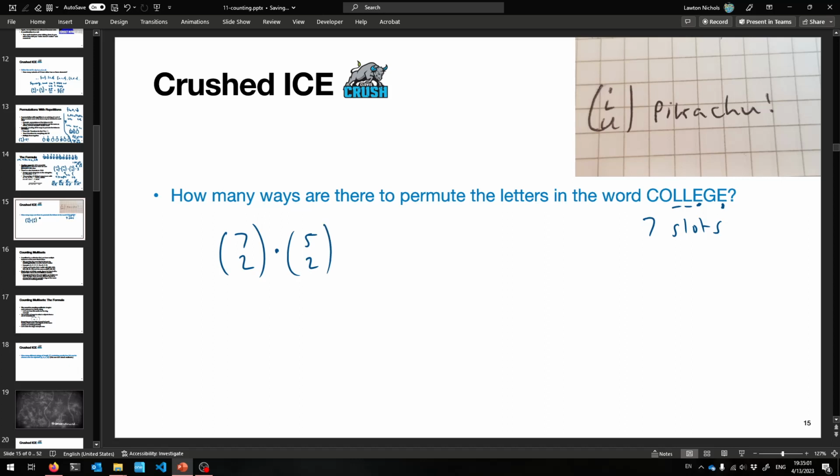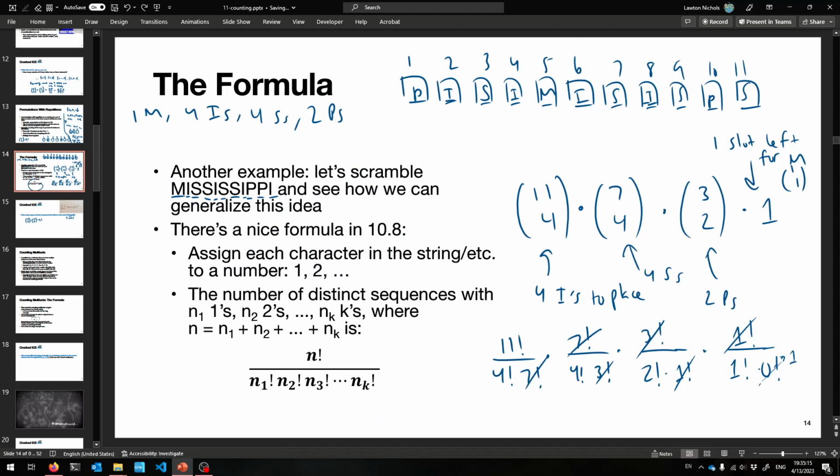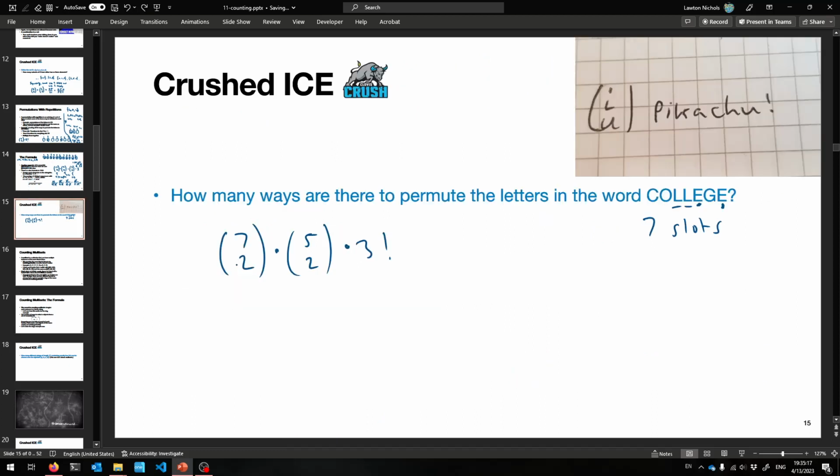And so that's what happens next. And then finally, I have C, O, and G left, and they can go in any order. There's 3 different characters, and so there's 3 factorial ways to permute the rest of those. And that's equal to, of course, this same idea, all right? It is equal to, how many slots are there?